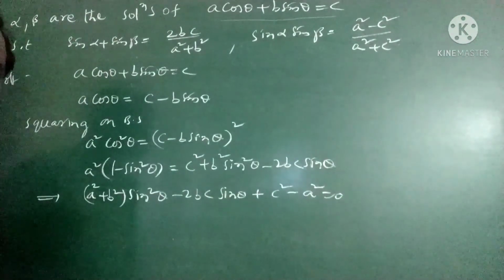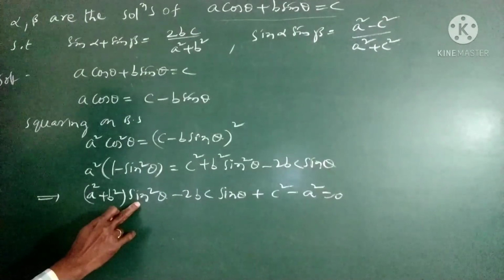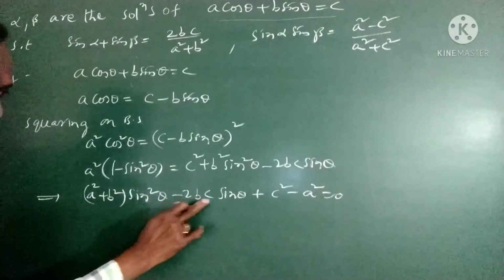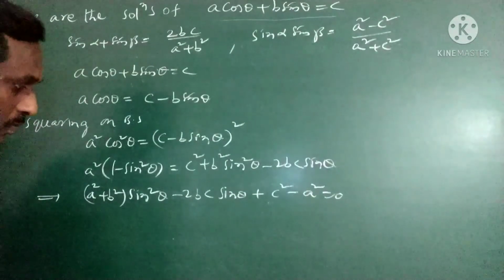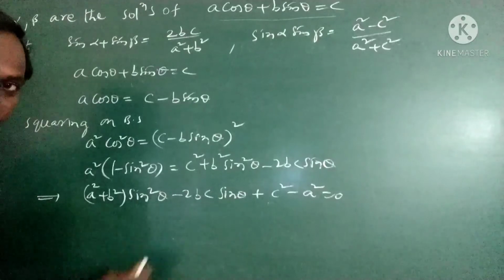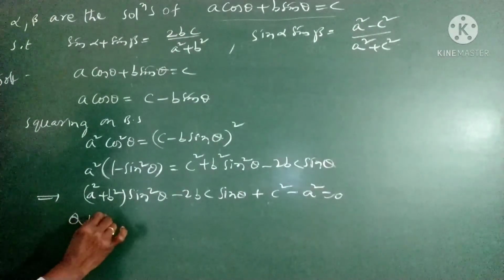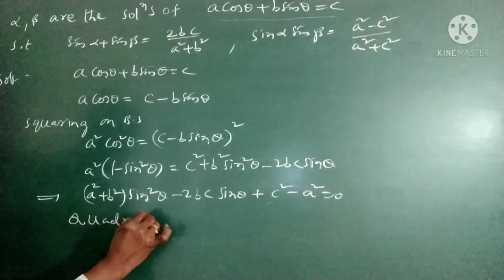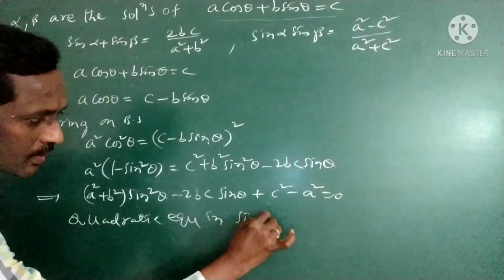So it is a quadratic in the sine function, because in place of x we have sine theta. Like ax square plus bx plus c equals 0, it is a quadratic in x, so here it is a quadratic equation in sine theta.